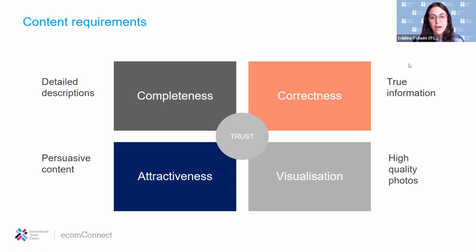We also need true content, content that really highlights the true characteristics of our services. And we need content that's visual, for instance through high quality photos and very good explanatory videos of what we do and how the product really looks, because we want to generate trust and avoid other issues that could happen later.